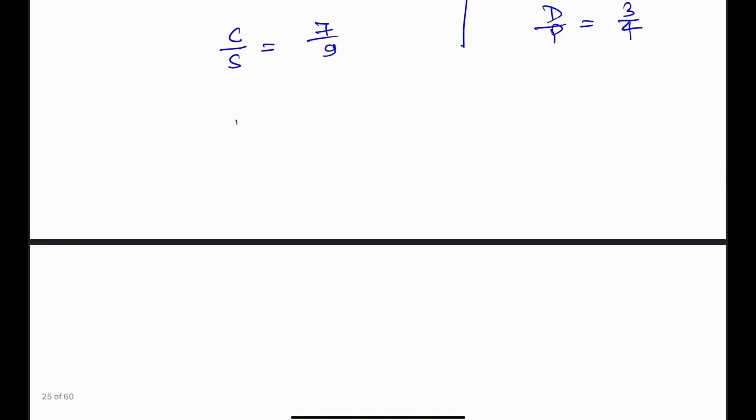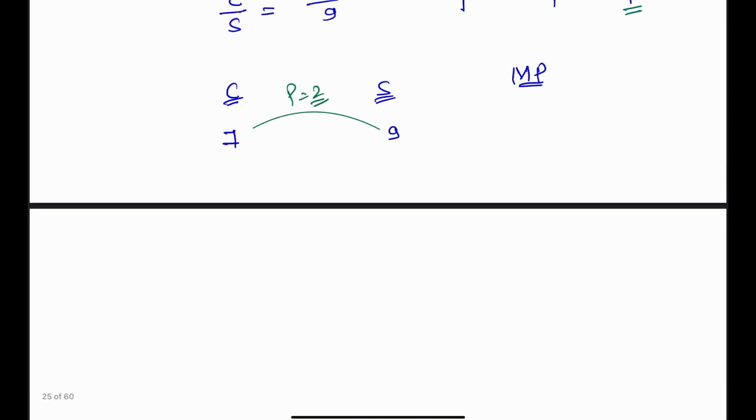Okay, so my C, S and M mark price. If my cost price is 7, selling is 9, so my profit is 2, and I want my profit to be 4. So what I will do, I will multiply this with 2. It will become 14. It will become 18.